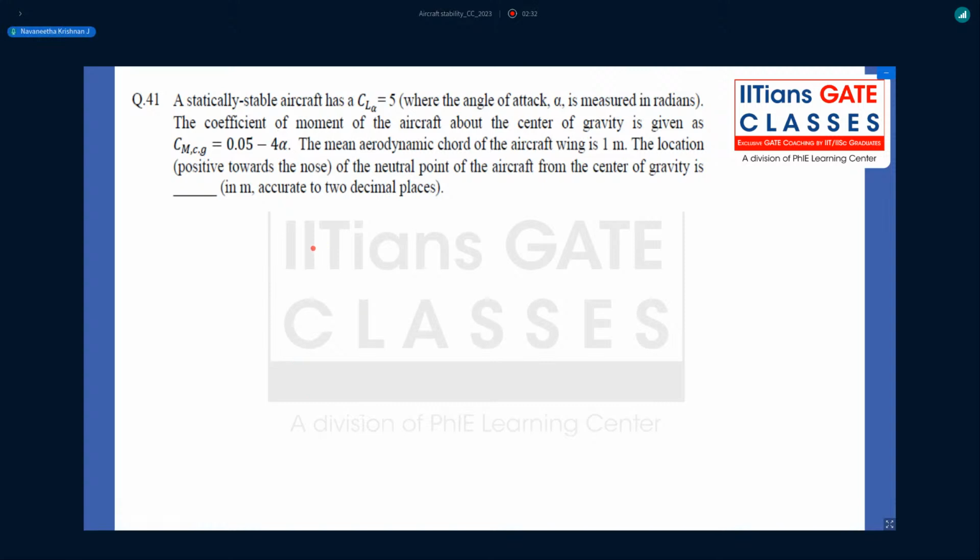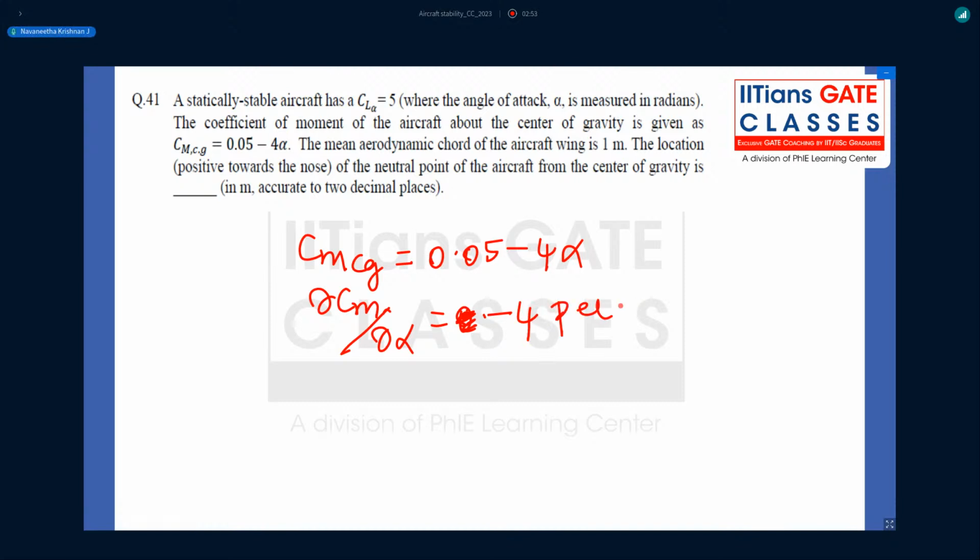We know that CMCG is given as 0.05 minus 4 alpha. When I differentiate this with respect to alpha, dou Cm by dou alpha equals minus 4 per radian. CL alpha is given as AW, which is 5 per radian.